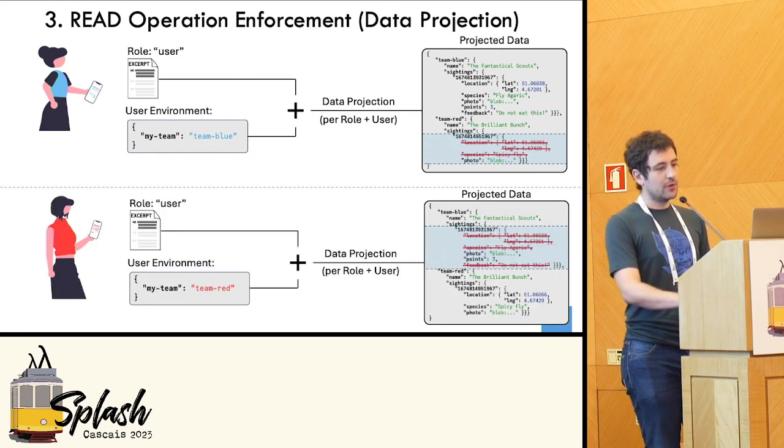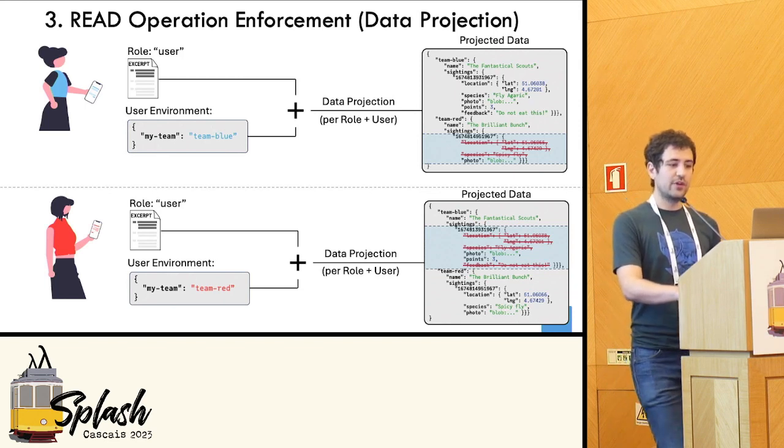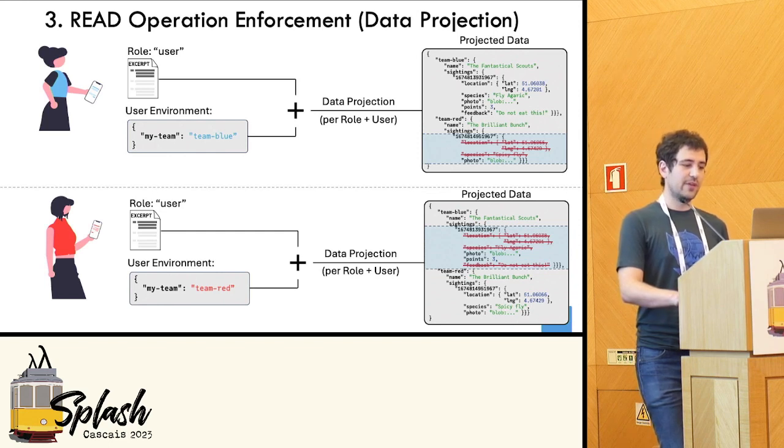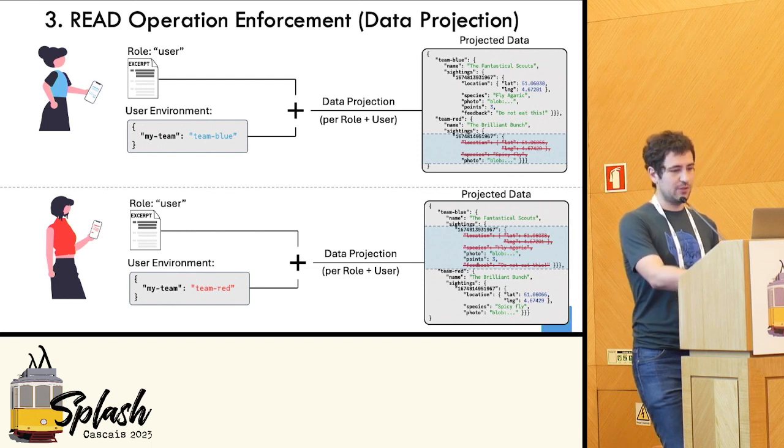Similarly for red users, in this case they have the same role but a different user environment, and this results in a different projection of the data where different fields are removed. So data projection ensures that malicious reads are no longer possible based on the security policy.